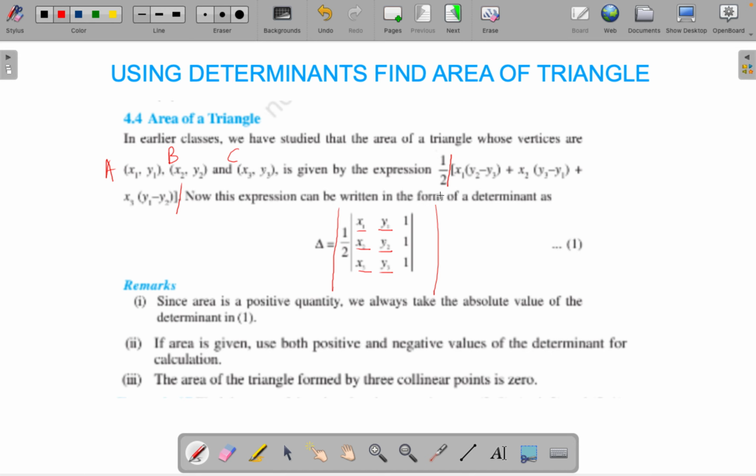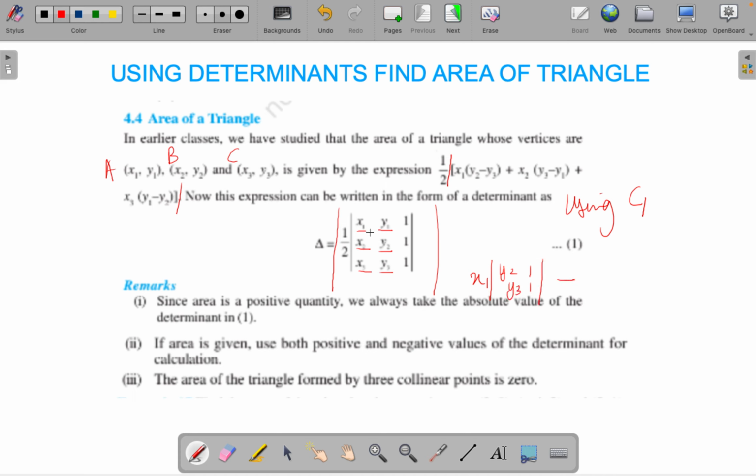Let's try and expand. Let me show you how this is written in this form. Let's expand this determinant using column 1, children. So if I write x1, you remember, forget the row and forget the column. So this will be y2 1, y3 1.